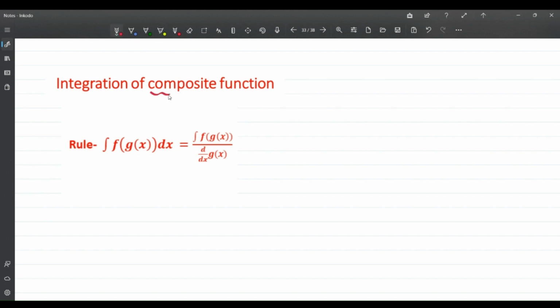The definition of a composite function is a function of the form f of g of x, like sine 2x, then e raised to 2x, or e raised to minus 3x, or cos 3x. These are the composite functions.